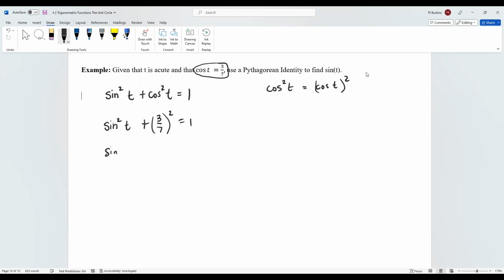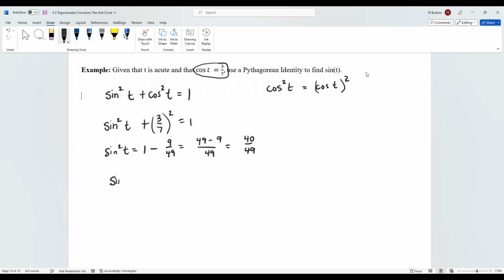So sine squared of t is 1 minus, and let's do 3/7 squared is going to be 9 over 49. We need a common denominator over here, so we would do 49 minus 9 over 49. And that's 40 over 49.